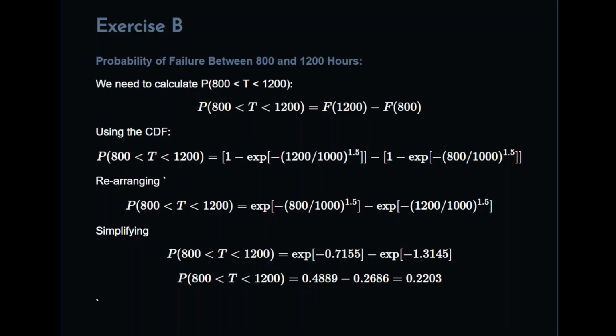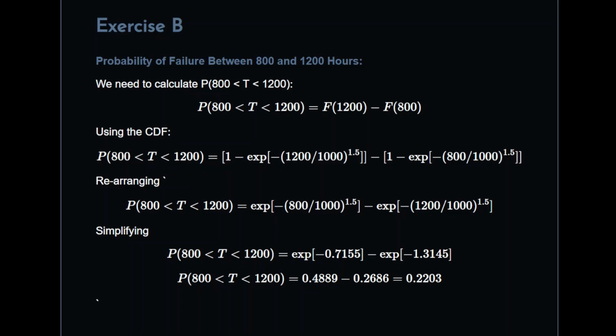This is a bit of calculator work. We have the exponential of minus 0.7155 minus the exponential of minus 1.3145. That works out to be approximately 0.4889 minus 0.2686. So that works out to be 0.2203.